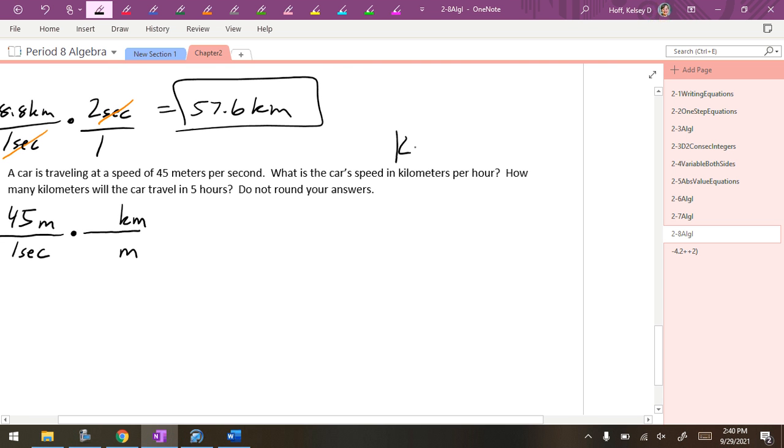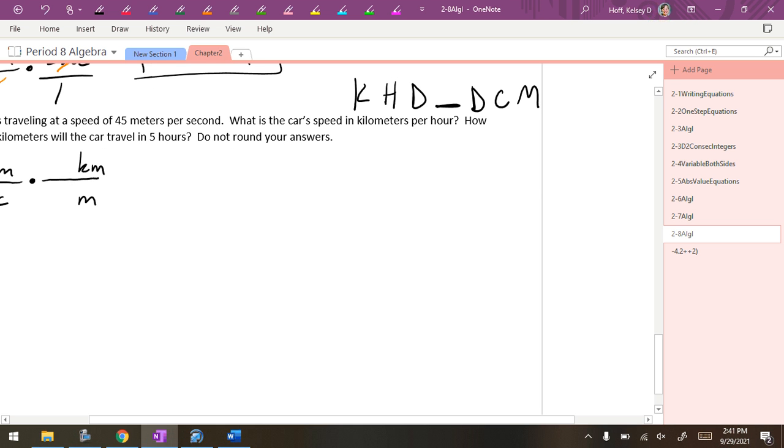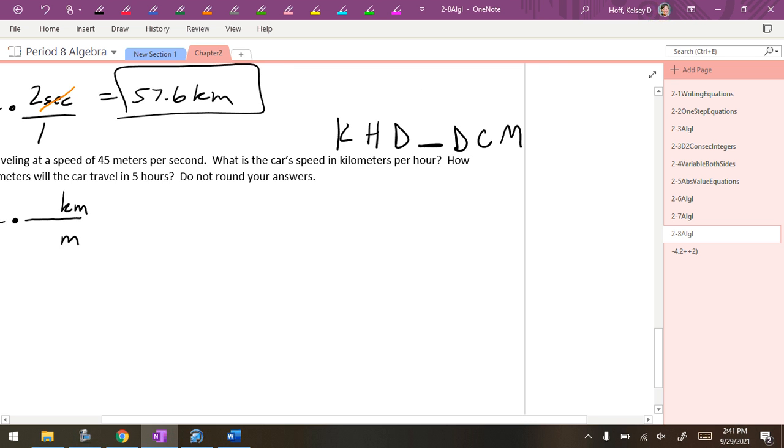King Henry died unexpectedly drinking chocolate milk. I had kids show me this one year. This helps you put things in order. Unexpectedly is like your unit. Okay? So for us, we're trying to connect meters to kilometers.